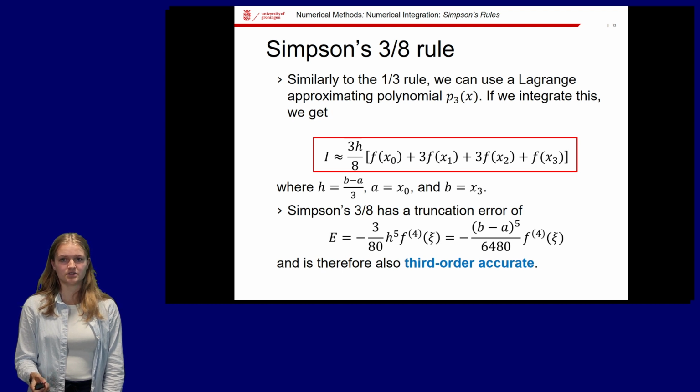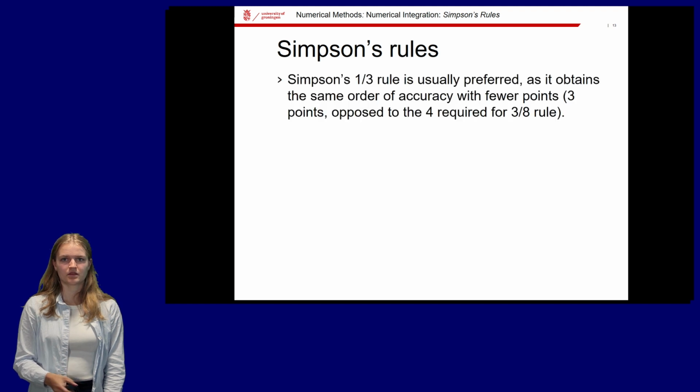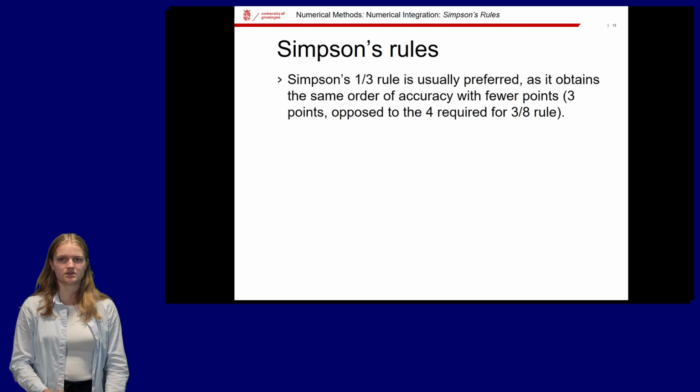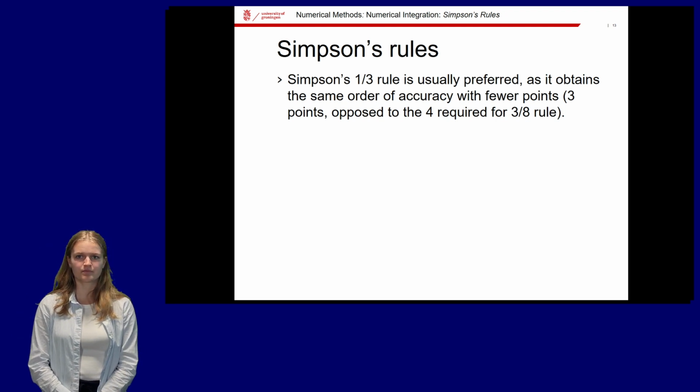Again, this error depends on the fourth derivative of the function that is to be integrated, and therefore Simpson's 3/8 rule is also third order accurate, just as the 1/3 rule. Because of this, Simpson's 1/3 rule is usually preferred over the 3/8 because it obtains the same order of accuracy by using fewer points.